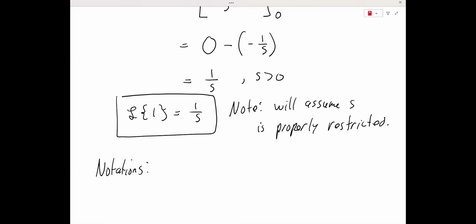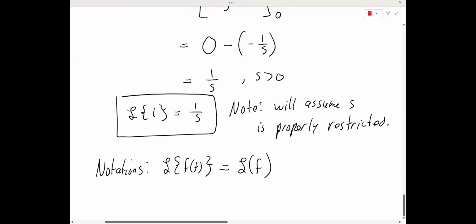Now some notations here then. With the Laplace transforms, there are a lot of different ways to write it. You could write the Laplace, with the brackets here, of f of t. Another way you see it written in the book is just the Laplace of f, like that.